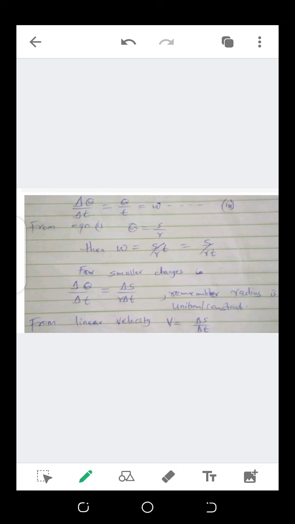For a big change, that is, we are using a triangle for the big change, we get theta over t is equal to omega, and we are agreeing that omega is the angular velocity.